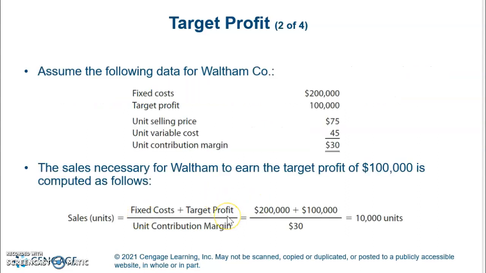So the information is no different, so I'm not going to go back through it, but instead of 0 being our target profit up here, now we're going to plug in what we want our target profit to be. So here we want our target profit to be 100,000. And we solve and we see that we need to sell 10,000 units to make a profit of 100,000.